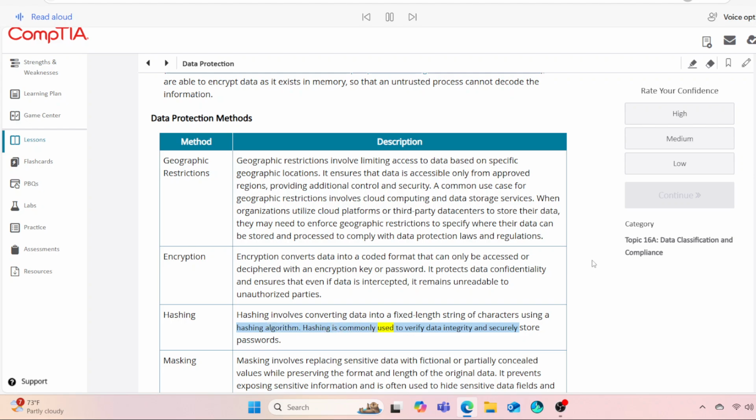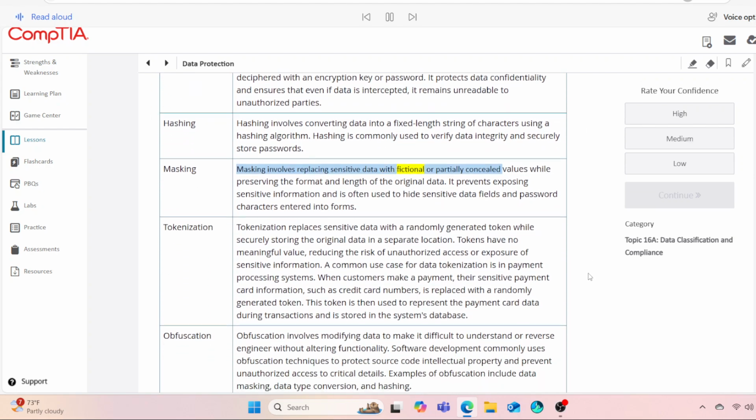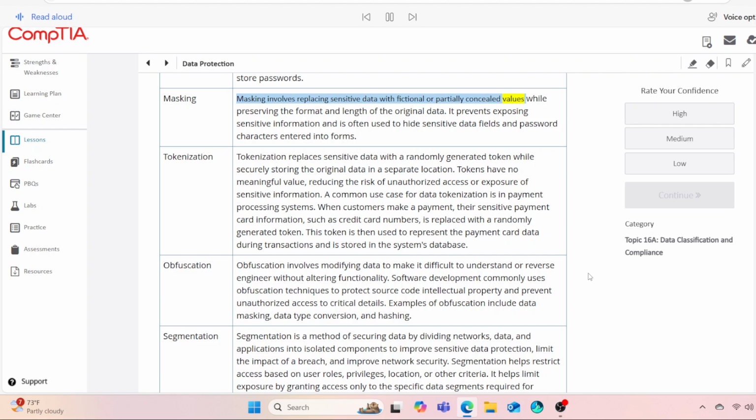Hashing is commonly used to verify data integrity and securely store passwords. Masking. Masking involves replacing sensitive data with fictional or partially concealed values while preserving the format and length of the original data. It prevents exposing sensitive information and is often used to hide sensitive data fields and password characters entered into forms.